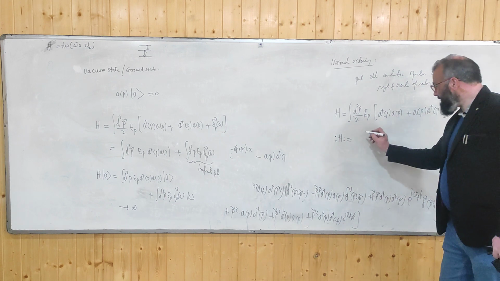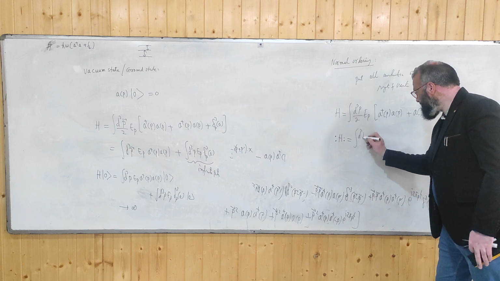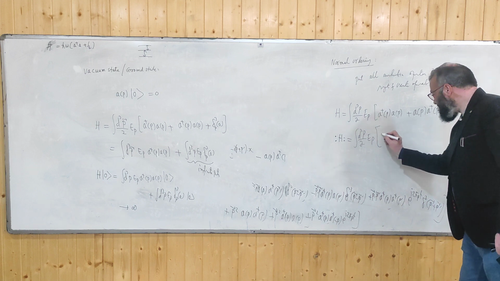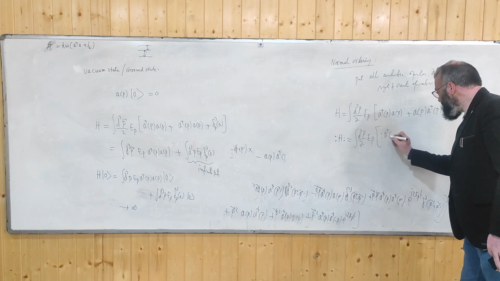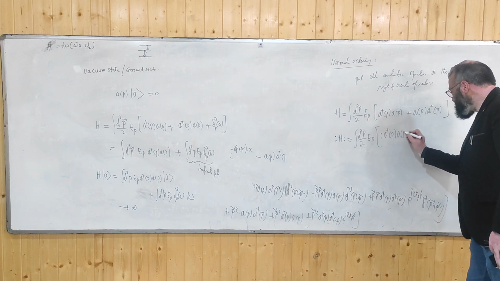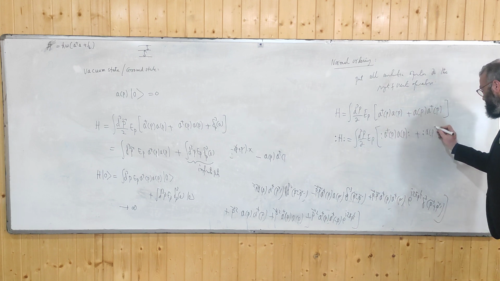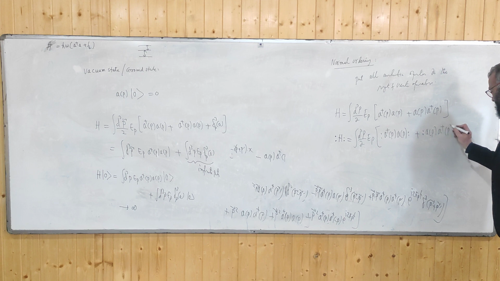So I need to normal order this. If these are bosonic, I have to do a dagger p, normal order this object, plus normal order this very object. What do I mean by normal ordering? Putting all the annihilation operators to the right of the creation operator.